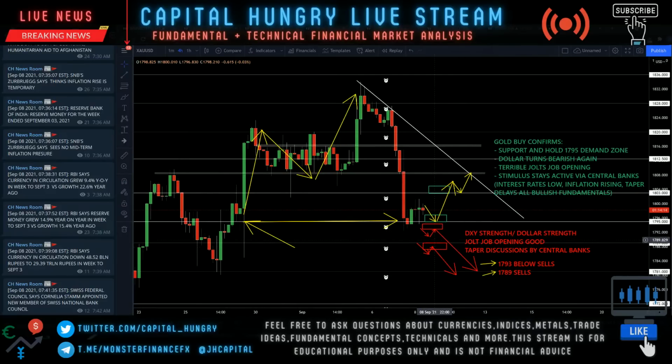If we break below 1793, the JOLTS job opening is good, taper discussions by potentially Bank of Canada, dollar holds strength, then you break below. Then we're going to be selling gold down to these levels with the safest sells below 1789. But if we fail to break 1795 and we still hold this zone in higher time frame demand zone, high risk, high reward buys with the safest buys on gold above 1803 key level and needing these fundamental confirms. Does that make sense to everybody?